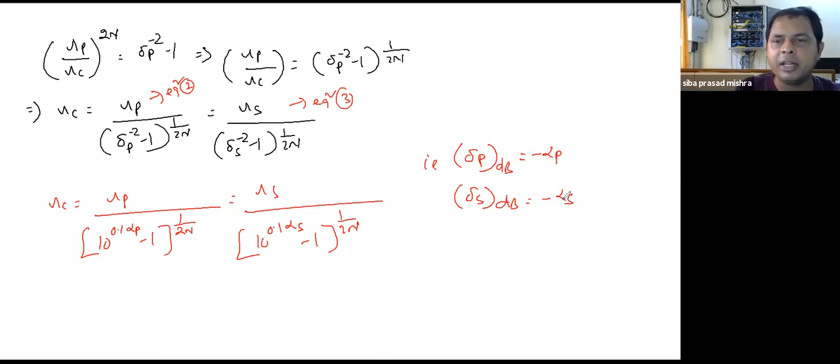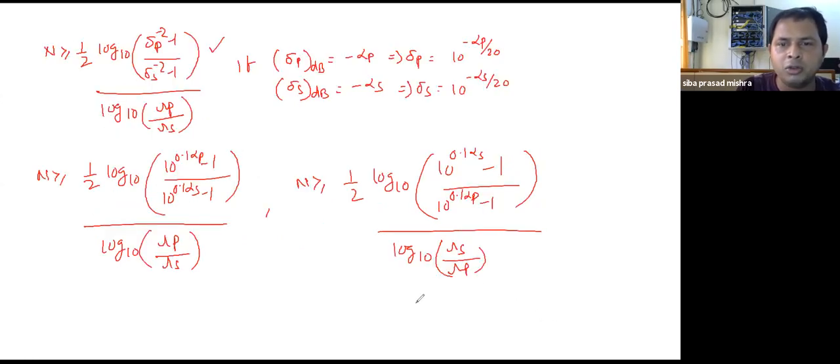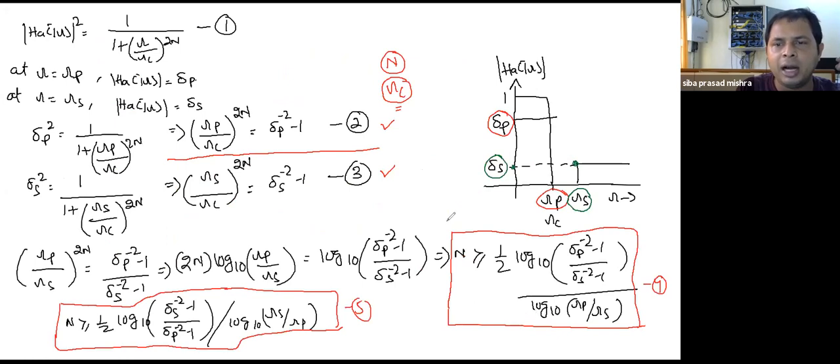Okay, now our requirement is over. We have the formula to find omega c, and also the formula to find the order of the filter. This is the formula to find the order of the filter that I gave.